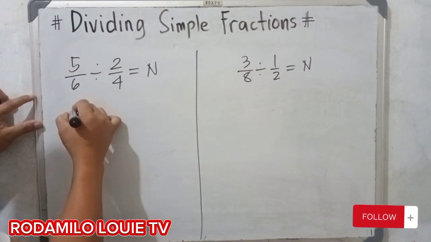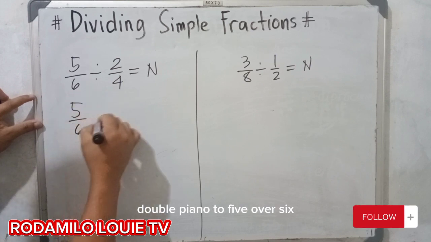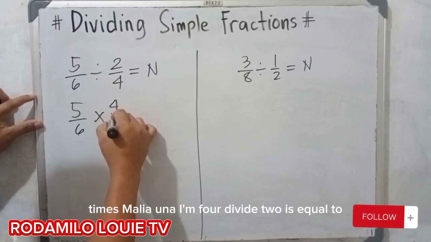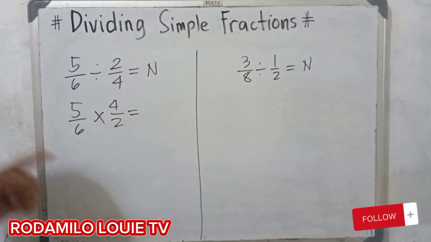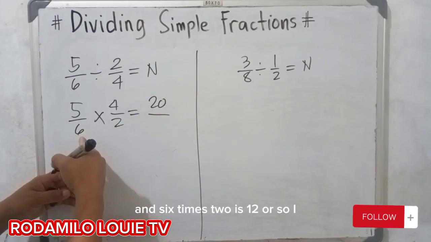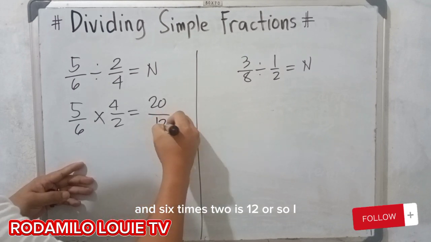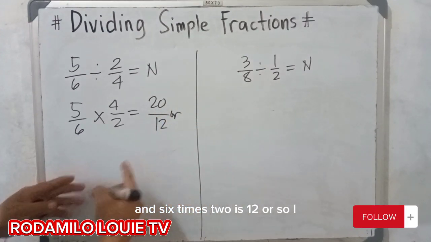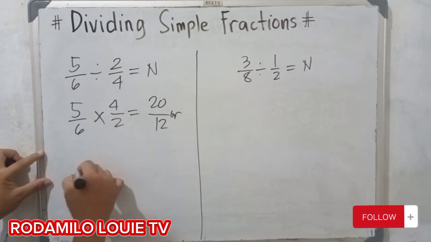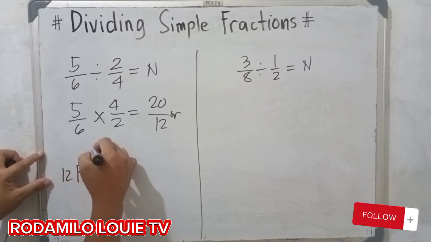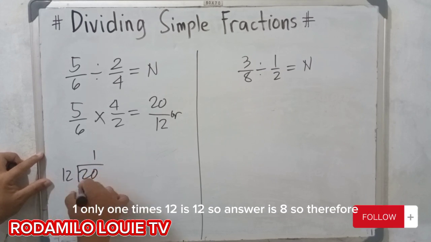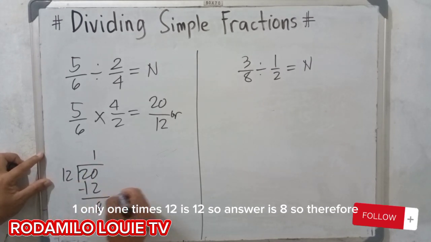So itong kopyahan na to 5/6 times baliha una ang 4 divide 2 is equal to, so 5 times 4 is 20 and 6 times 2 is 12, or so atong i-simplify gapon, divide natong 20 sa 12. 20 divide 12 is 1 only. 1 times 12 is 12. Let's subtract. So answer is 8.